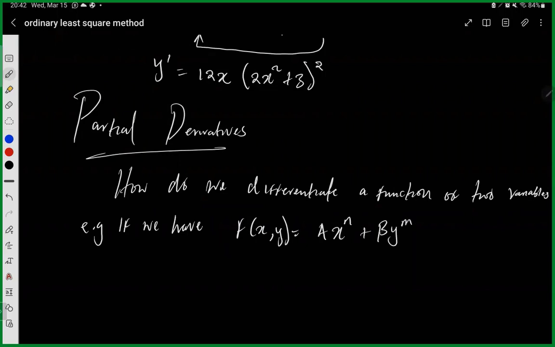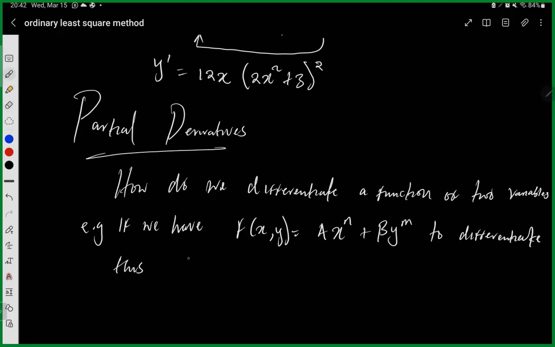To differentiate, we differentiate the whole function with respect to one variable, holding the other one constant. Then again we differentiate with respect to the other variable, holding the first one constant, of course separately.